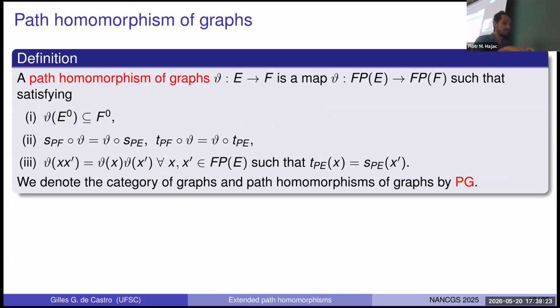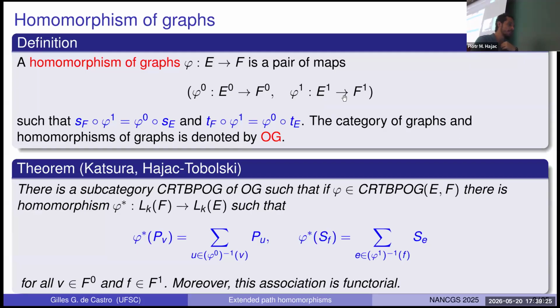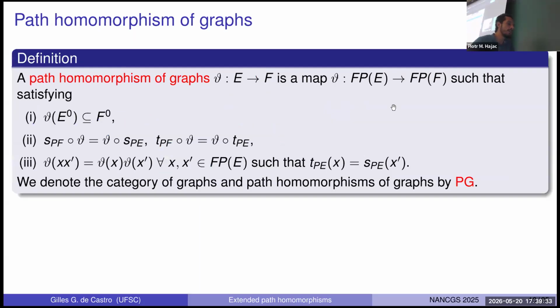And these original ones that just send vertices to vertices and edges to edges are sometimes too restrictive and do not give the examples that we want. So another idea is that instead of defining a map between just vertices and edges, we define it between all finite paths. We still want to send vertices to vertices. This is something that we're going to generalize when I talk about the extended path homomorphism, but for now, we are sending vertices to vertices.